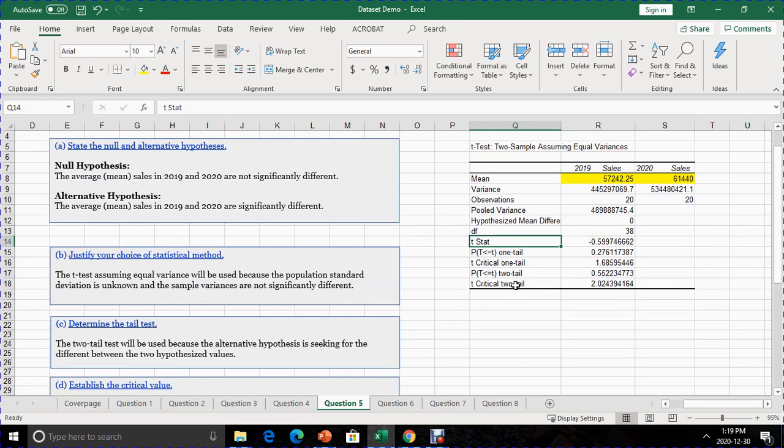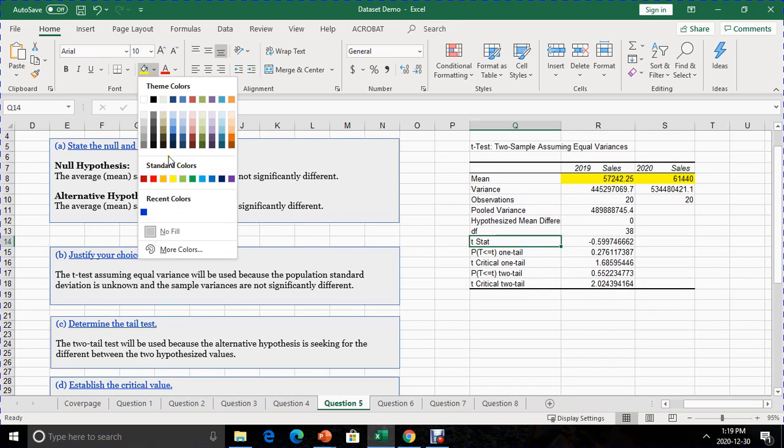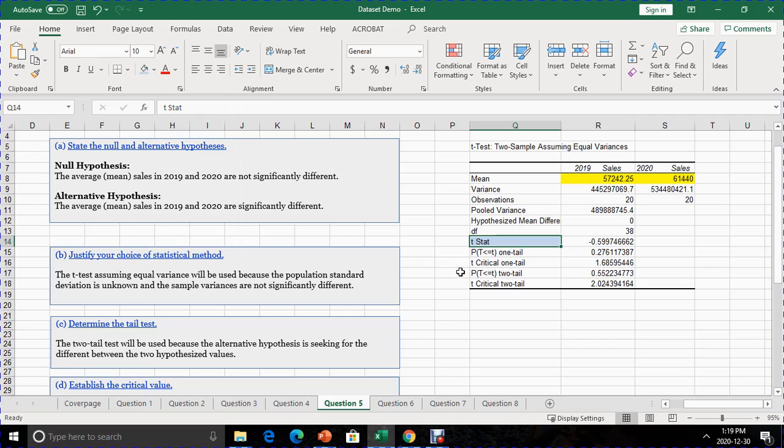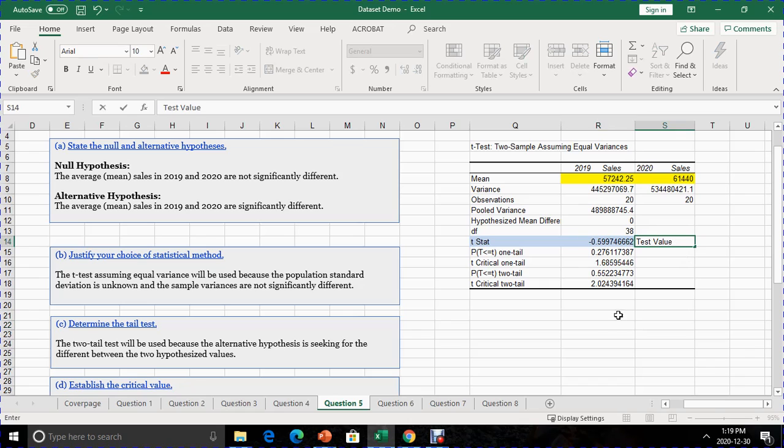Now the critical value here, we have two critical values. Excel provides you with a test value, which is the t-test. So that's the test value. Now we have two critical values.